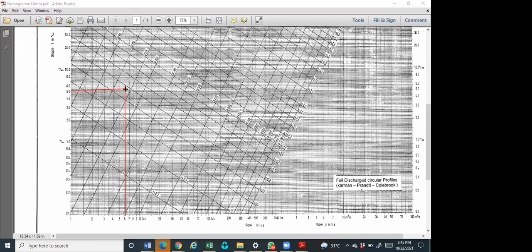In between 100 and 125. Good. Any opinion? Pipe selection.